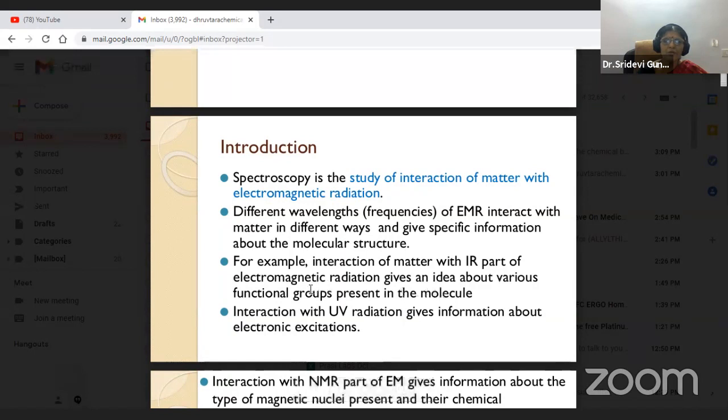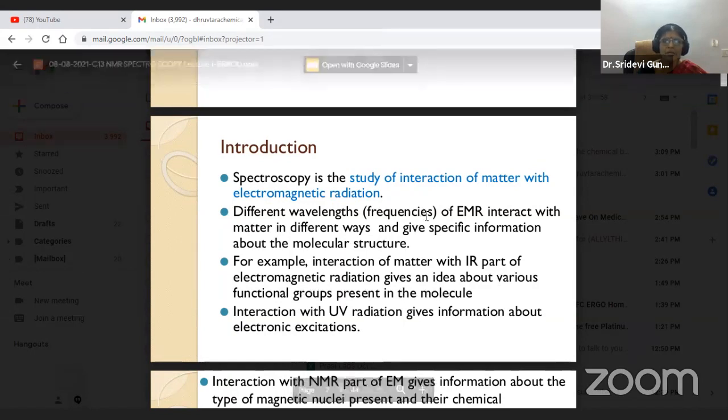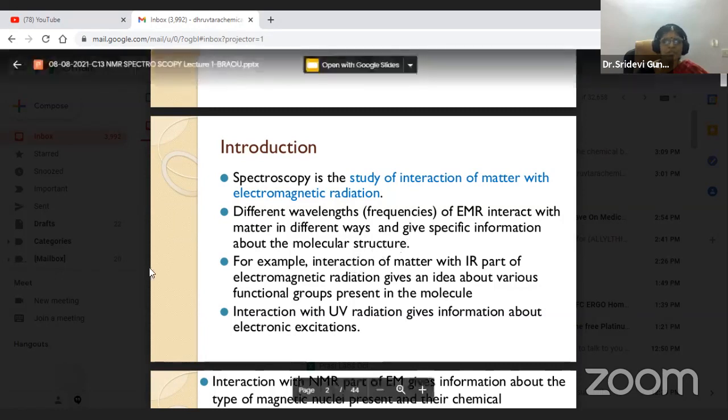So you will know about various functional groups present in the molecule from the study of the IR spectrum. Similarly, interaction of matter with UV radiation gives information about electronic excitations. You will know whether you have an aromatic benzenoid skeleton present in the molecule or extended conjugation is there, what are the chromophoric groups present, etc.